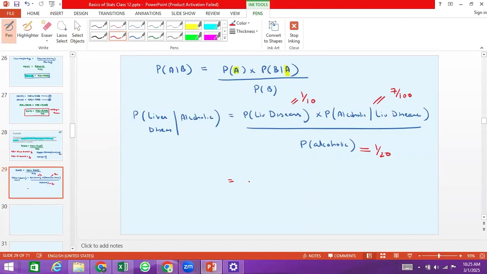which will be the same as 1 by 10 multiplied by 7 by 100 divided by 1 by 20, or let me put it as 5 by 100. So this 100 and this 100 will get cancelled out. So it will become 7 divided by 10 into 5.